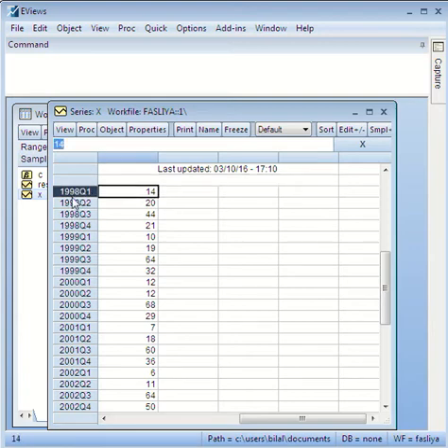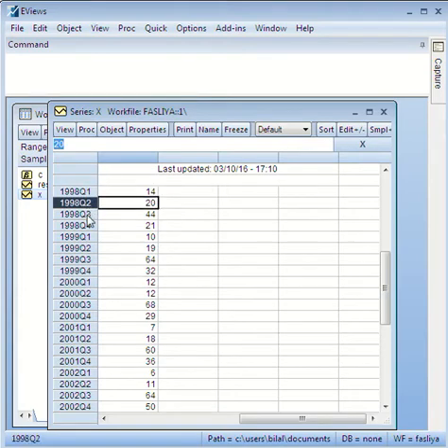Quarterly series means that we have the rate of the first 3 months of 1998, the second 3 months of 1998, the third 3 months of 1998, and the fourth 3 months of 1998, etc.